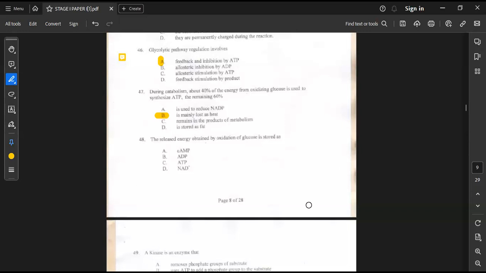Does anyone want to add something, or we go to the next one? The released energy obtained by oxidation of glucose is stored as CMP, ADP, ATP, or NAD+. I think ATP.